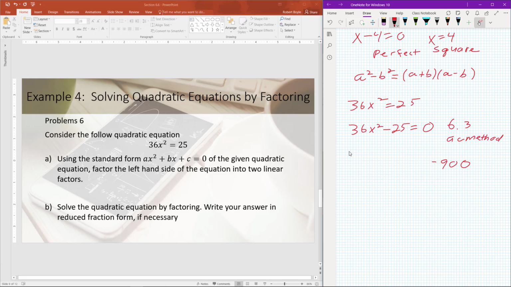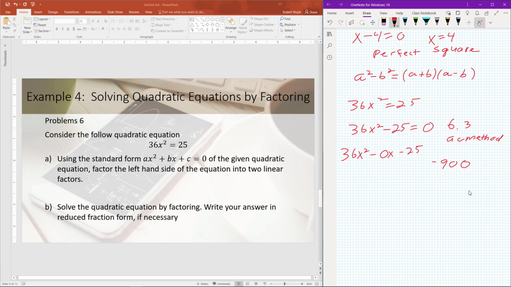Because if I wanted to write this more explicitly, I could write it as 36x squared minus 0x minus 25. Well, I could make it plus 0x, doesn't matter. We want to find factors of 900 that would sum to 0. That means that those two factors must have the same absolute value.